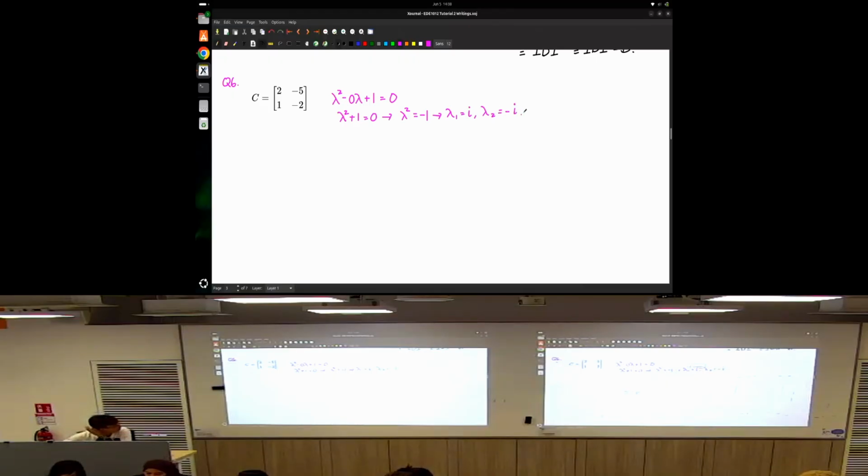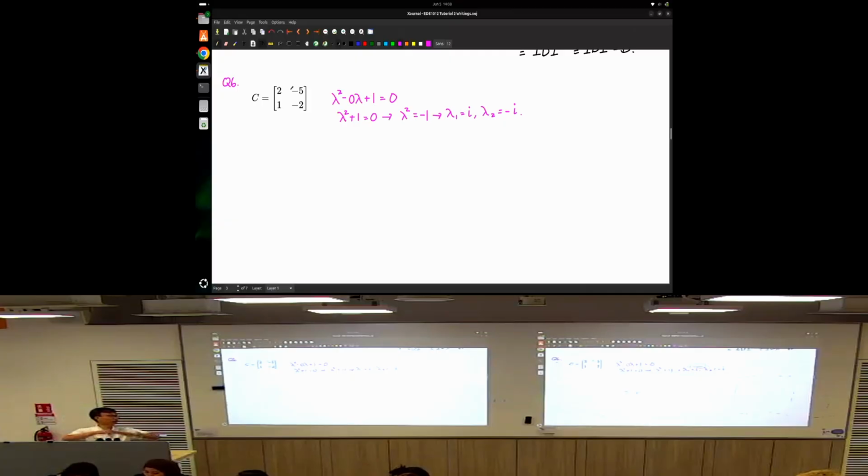So I found the two eigenvalues, they are imaginary, which means in this particular matrix, the linear transformation will make sure that all vectors get rotated. That means you cannot possibly find any vector that, when multiplied by matrix C, doesn't undergo any rotation.